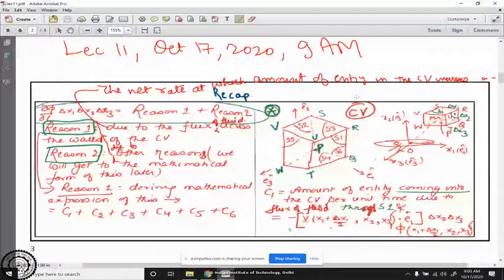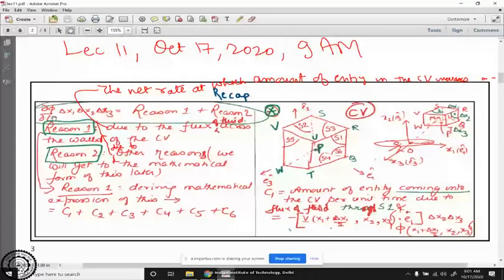I'll spend a minute recapping what we were trying to do yesterday. We are trying to find this equation. On the left-hand side, we have the rate at which the amount of entity residing in this control volume is changing. Entity could be mass, momentum, or energy.